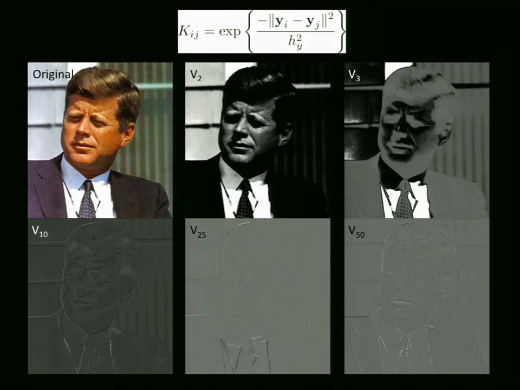And I've just shown you the eigenvectors for the luminance channel of this image. The eigenvectors here are much more interesting. The first eigenvector is a constant, so I'm not even bothering showing it. The second eigenvector is a very high contrast image, and the other ones basically fill in more and more details.